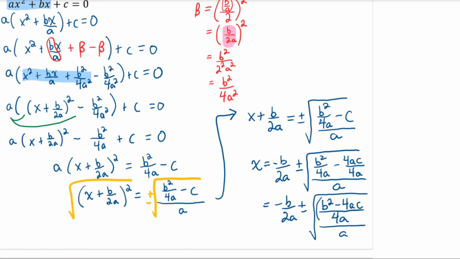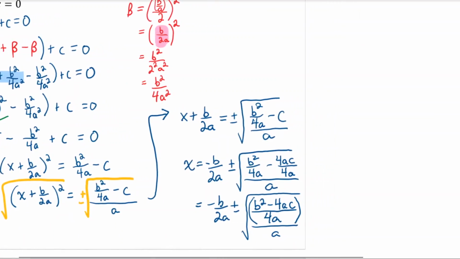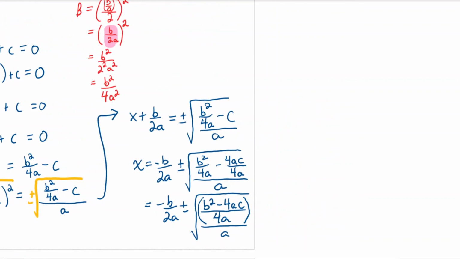And let me carefully organize this. We almost have it. Let me keep on going here. All right, so we have x equals negative b over 2a plus or minus the square root of. All right, let's clean this up.